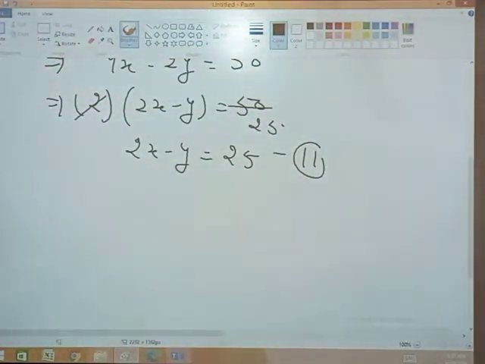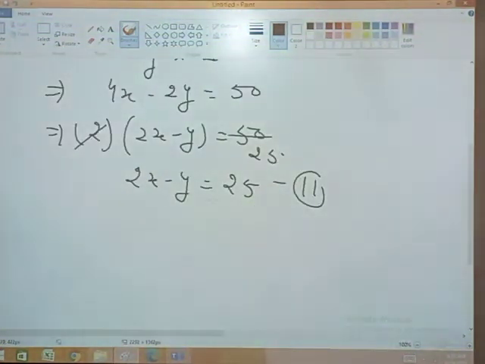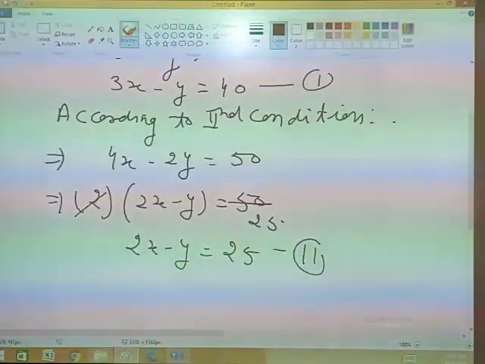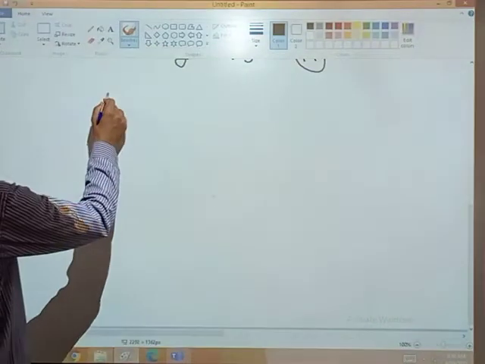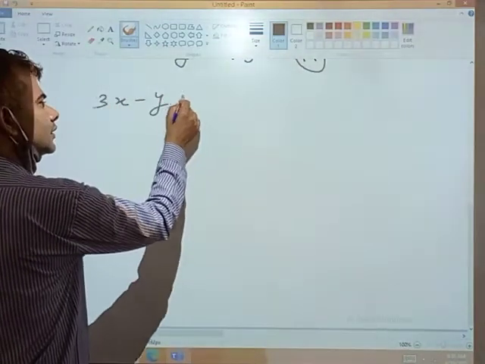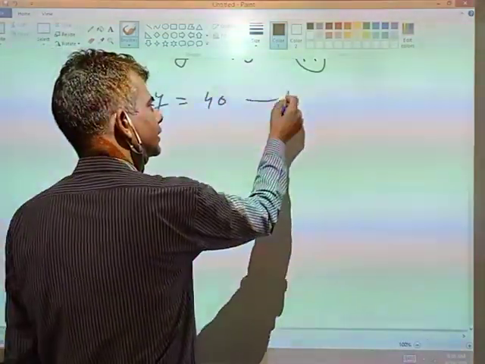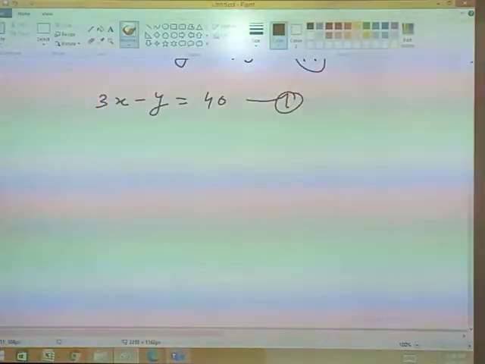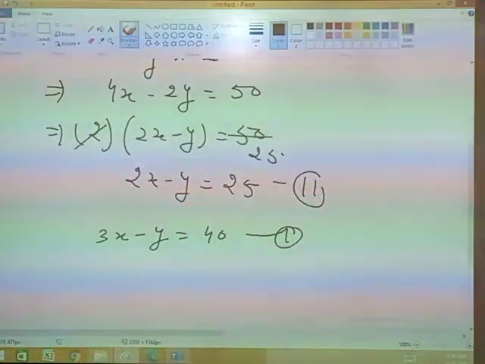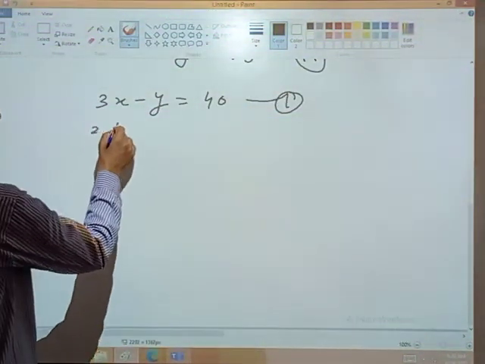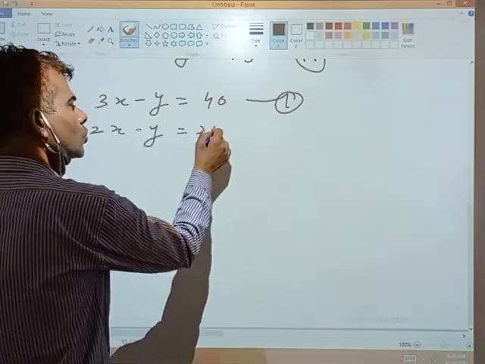By using the elimination method. Your first linear equation is 3x minus y is equal to 40, and your second linear equation in 2 variables is 2x minus y is equal to 25.